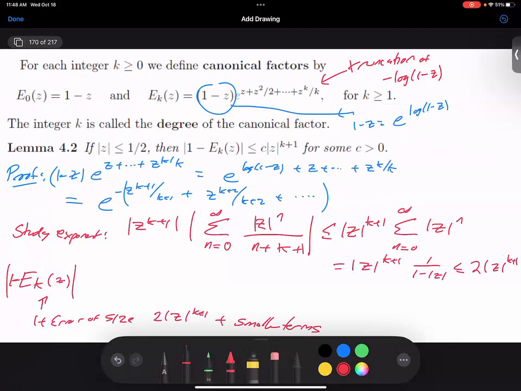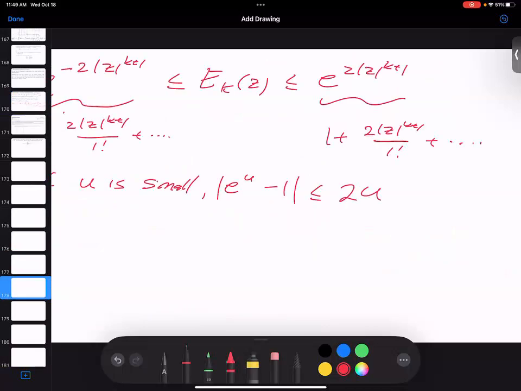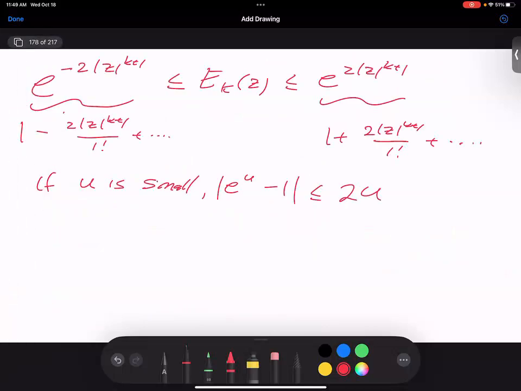The smallest would be if I put a negative sign and everything is canceling. So that should give me my upper and my lower bounds. My upper bound comes from giving everything a positive sign, have everything reinforced, make everything as large as possible. To make things as negative as possible, go in the other direction, just put a negative sign. And so I should be able to sandwich my function e_k of z between these two. And we can see then it's very, very close to 1.